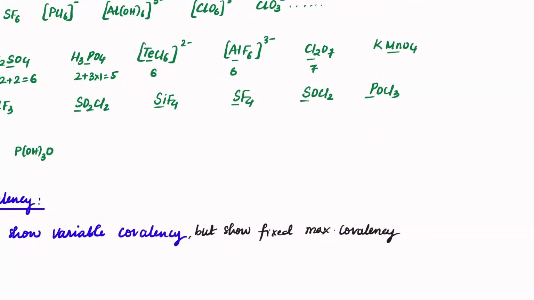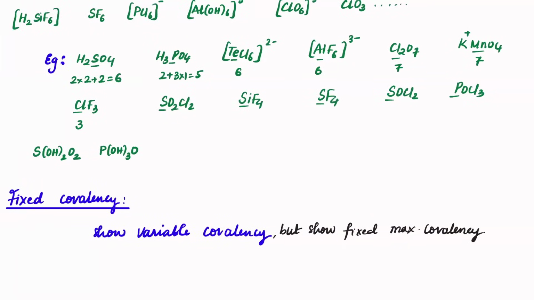KMnO4. So here this is K plus, so we can actually separate it out. We can have this as K plus and MnO3, and one oxygen will carry that minus charge. The one which carries the minus charge will have only one bond. The other oxygens will have three bonds. So that makes it again 7.